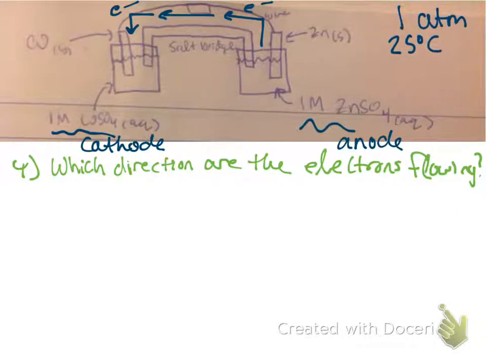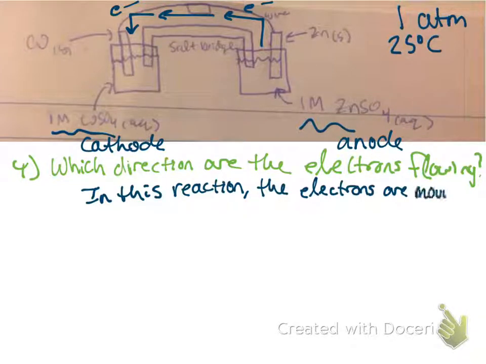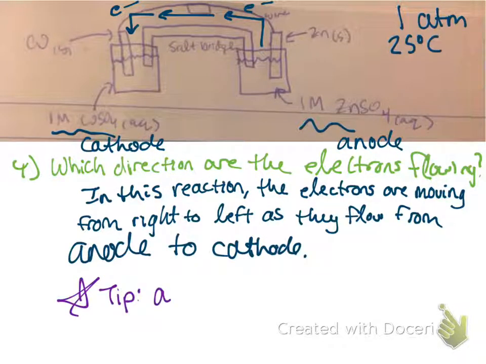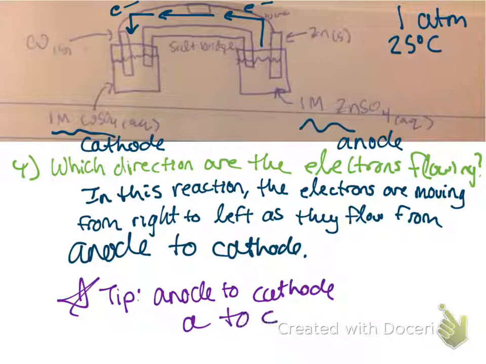And so because of that, in this reaction, the electrons are going to be flowing from right to left, as you can see in the picture, as they flow from anode to cathode. And an easy way to remember this is that they flow from anode to cathode, or from A to C. So that really helps you remember that. I hope you understand these problems now.